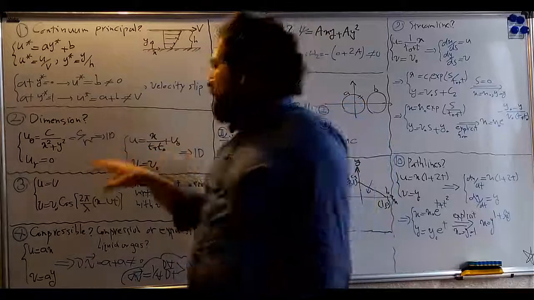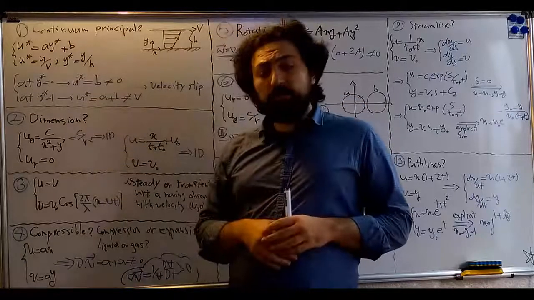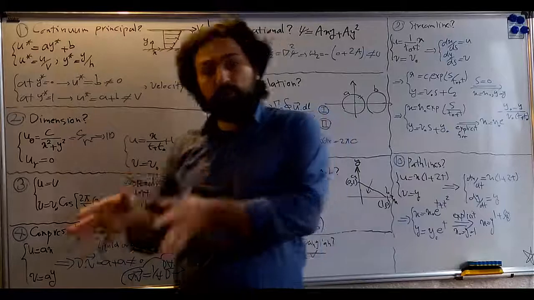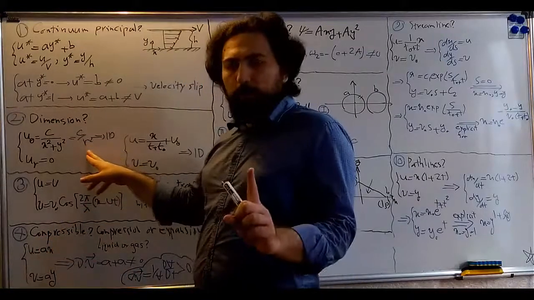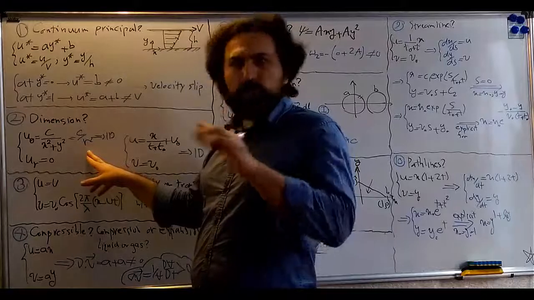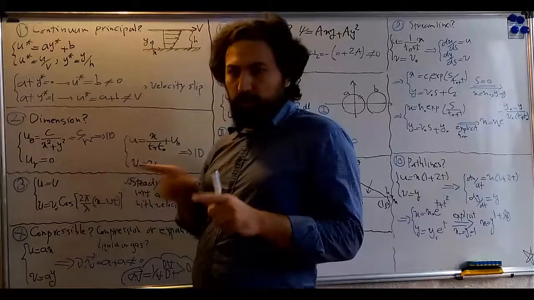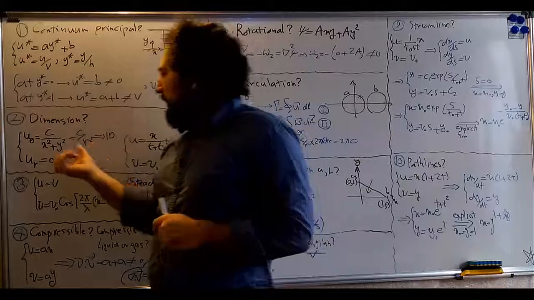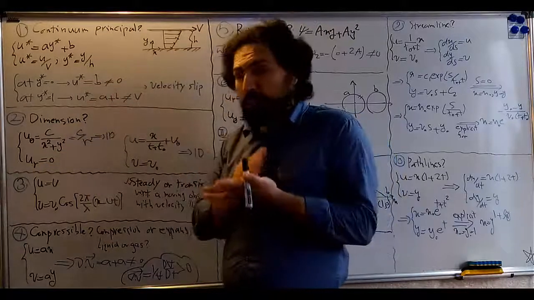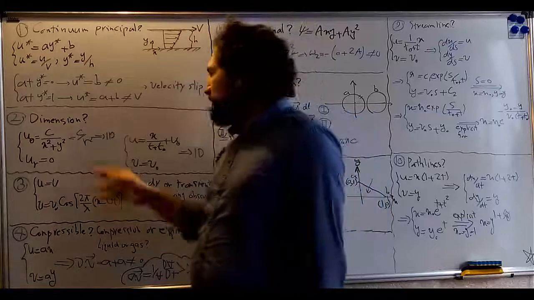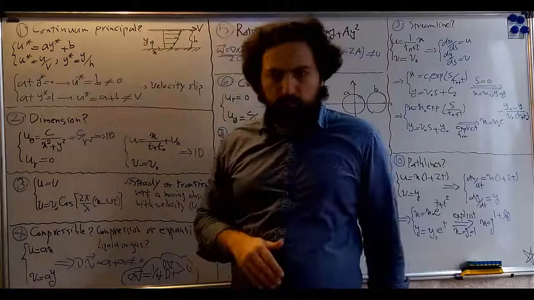But if you transform this velocity field to polar coordinates, you'll see that you just need one geometrical coordinate, which is the radial direction. So the dimension of this velocity field is the minimum number of required coordinates. So this is a one-dimensional velocity field.